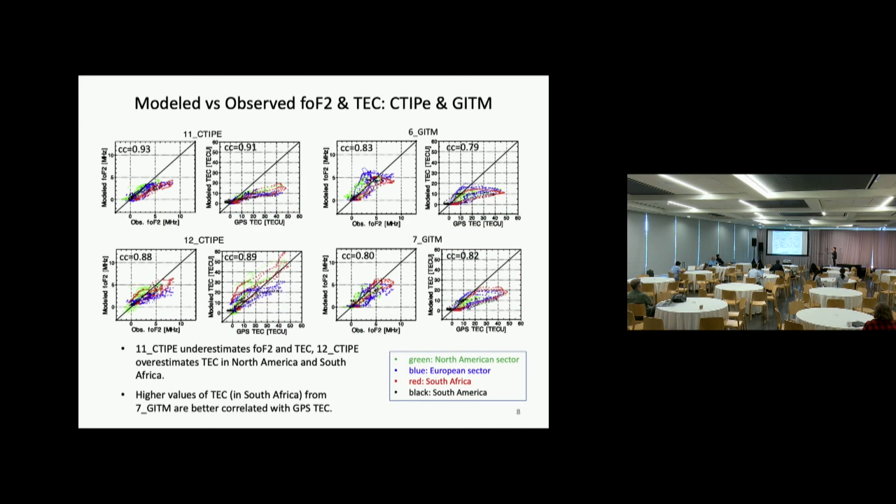Okay, this slide shows a scatter plot between modeled value and observed value for CTIPe old and new versions, and GITM old version with new version. As you can see here, old CTIPe underestimates foF2 and TEC, and the new version overestimates TEC, especially in North America and the South Africa sector.